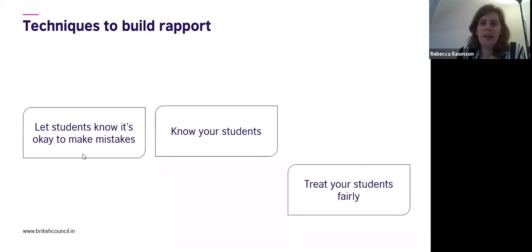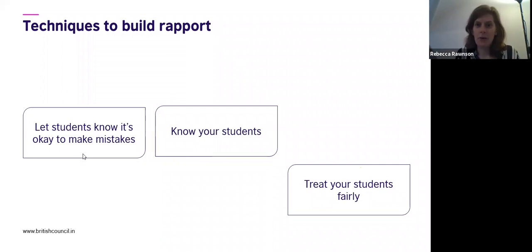Treating your students fairly. This is something that we would all like to think we do, but it's sometimes hard to know if we are doing this. We sometimes need an observer to come and say, yes, you were, or maybe you left this group out sometimes. When you're in a physical classroom, do you tend to look more at one side than the other?